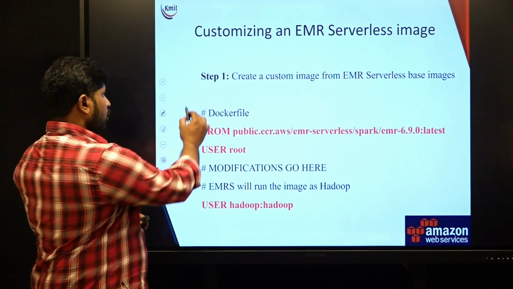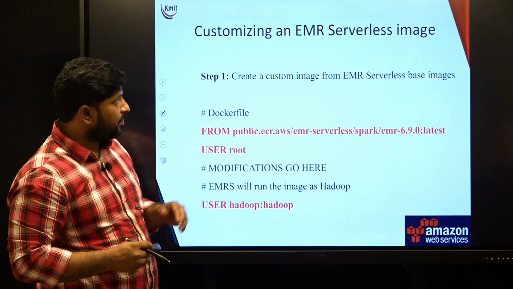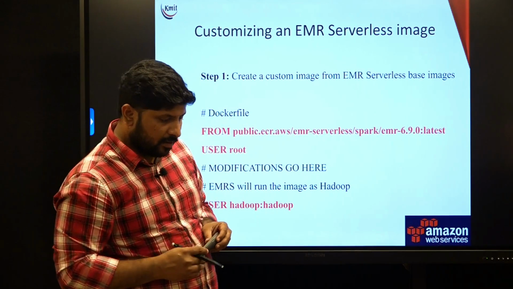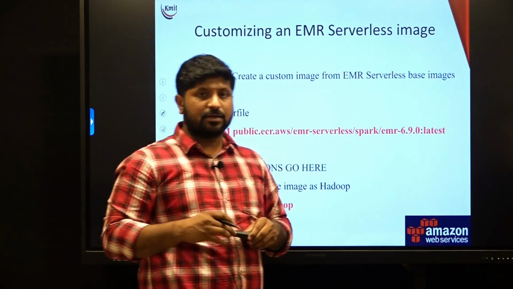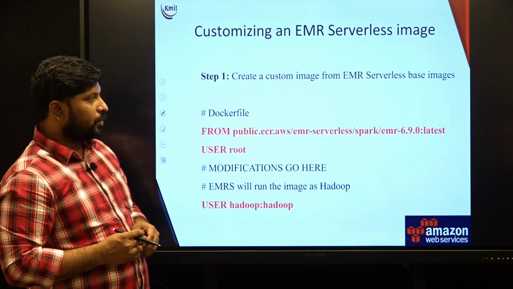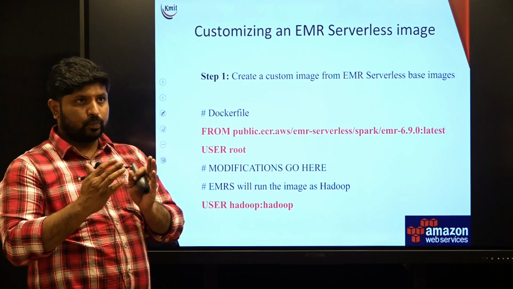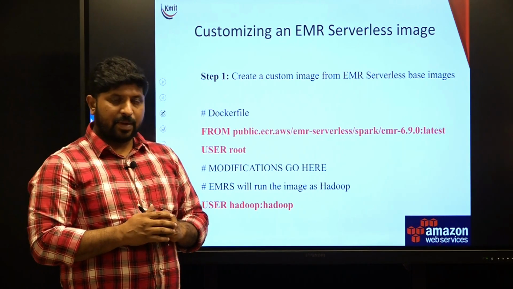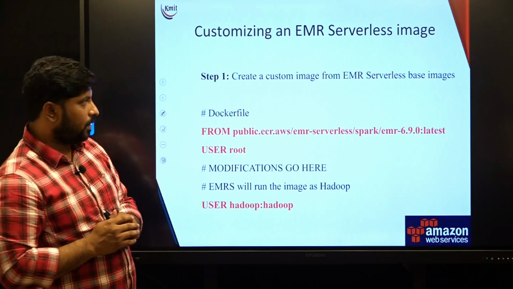The fourth topic in this is how to customize our EMR serverless image. In our previous sessions we had discussed Docker. In this example also we are going to talk about Docker, how to create an application, how to convert it into an image, and how to run it in Docker.